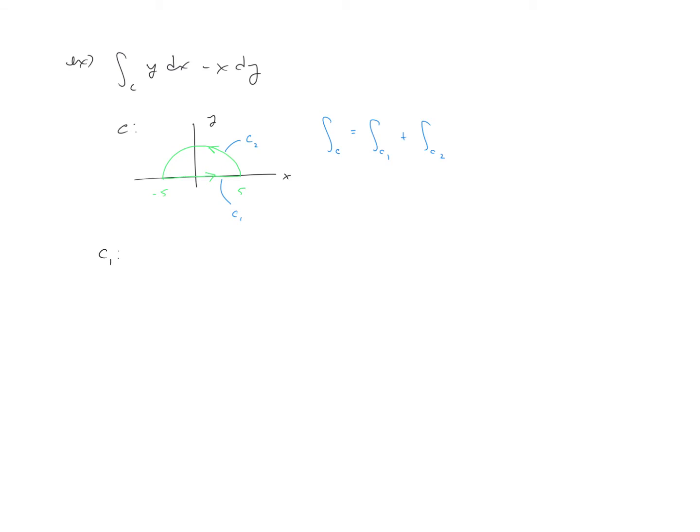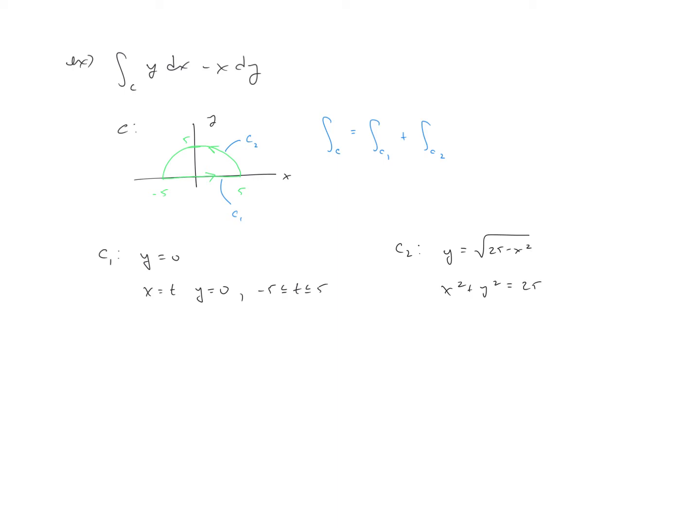C1, by the way, is just going to be y equals 0. So I'm going to need a parameterization for that. My smooth parameterization of the curve would be x equals t and y equals 0. Of course, though, we're bounded between -5 and 5. For C2, and I didn't mark this up here, but I meant to, that's a 5, which means that y equals the square root of 25 minus x squared would be our curve, which means that x squared plus y squared equals 25.